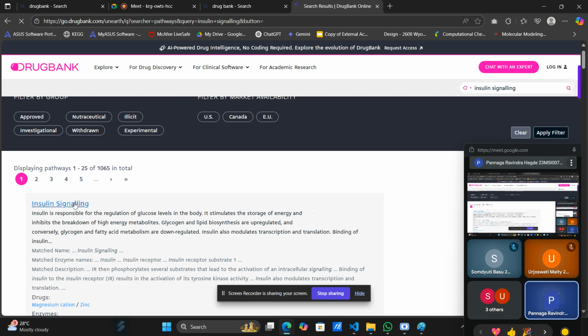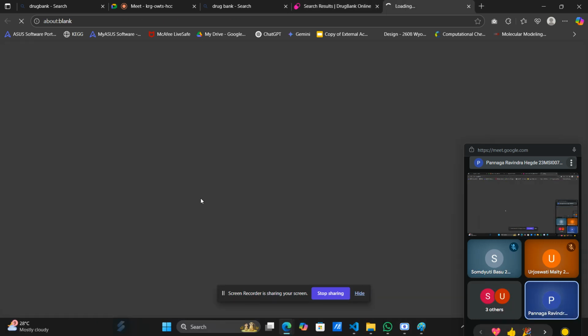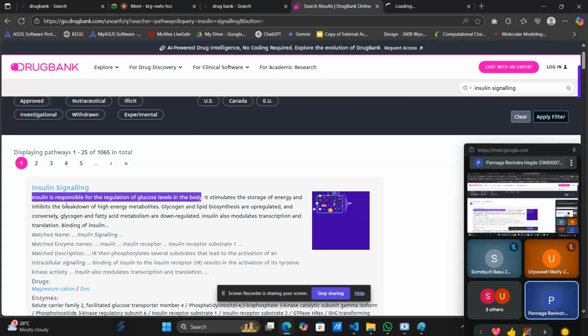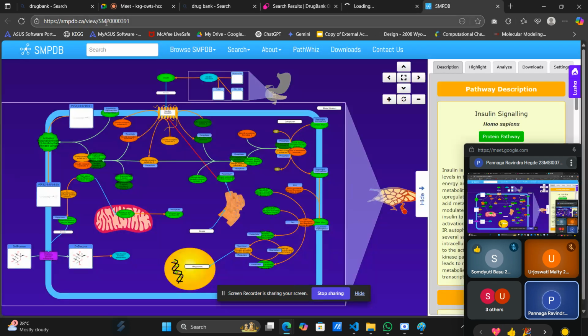And you get this, and it says insulin is responsible for regulation of glucose levels in the body. Everyone got the same result? Click on the first one, which is insulin signaling. You will be redirected to this website, SMPDB, and you can see this.